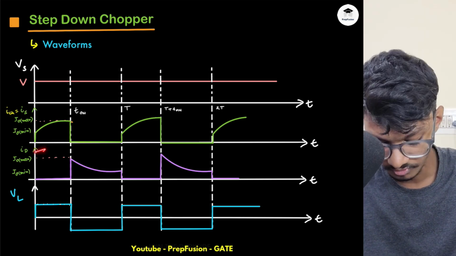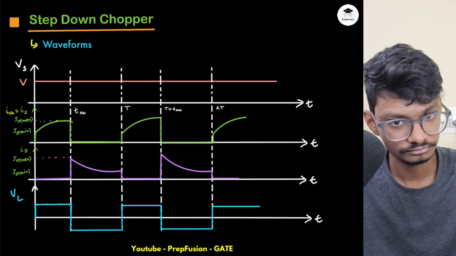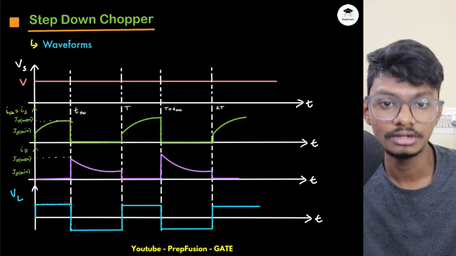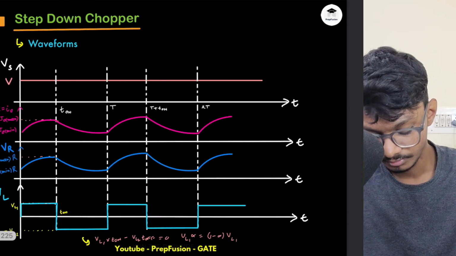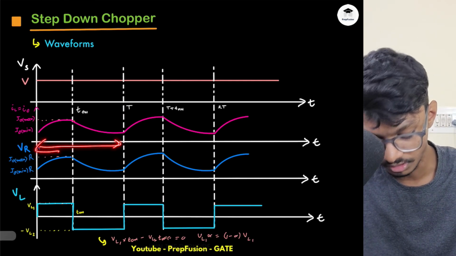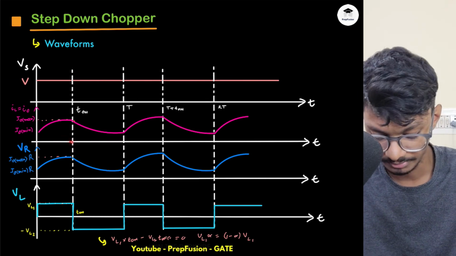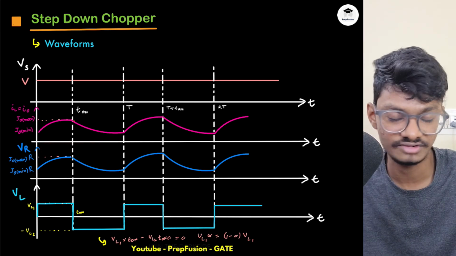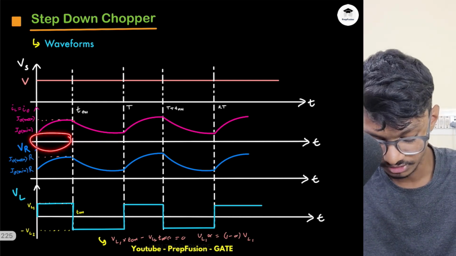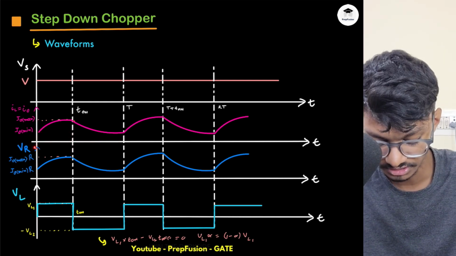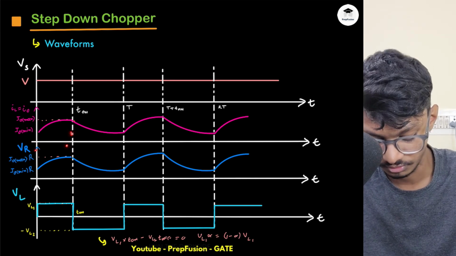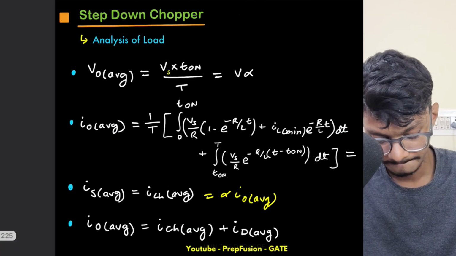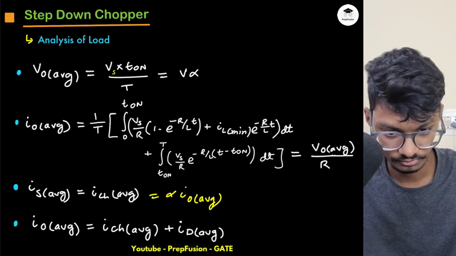That will be the area from 0 to T on, and then I divide by T, and that gives me the average value of the source current. Because my load conduction is present for the whole T time period, but the source conduction is from 0 to T on only. That's the only point where my source is conducting.